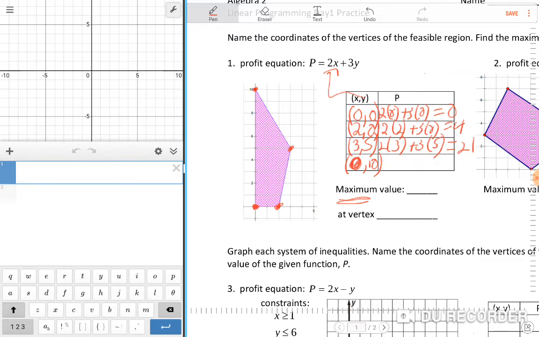And then at 0, 10, I get 2 times 0, which is 0, 3 times 10 is 30. So it looks like our maximum value is 30, and that occurred at this vertex, which is 0, 10.